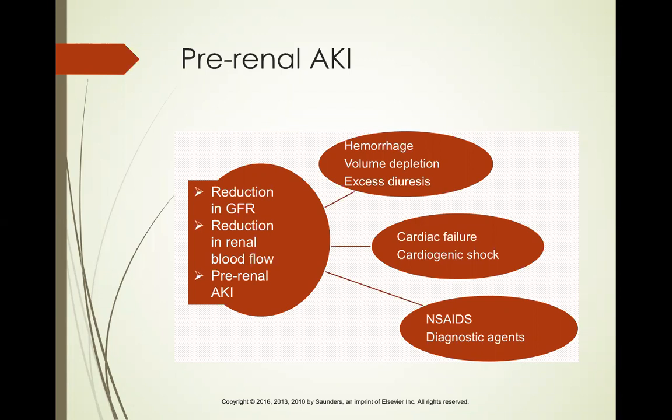Why could we possibly have a reduction? Hemorrhage, volume depletion, excessive diuresis. We could have the volume, but the heart might not be functioning well: cardiac failure, cardiogenic shock, and other things that we could do to injure the kidney, such as long-standing NSAIDs or diagnostic agents such as contrast dye.